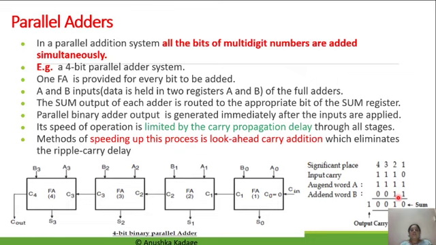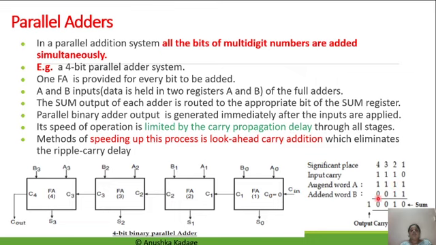In such a multi-digit number, all the bits will be added simultaneously when we are using parallel adders. To do the operation in the parallel adder, corresponding to every digit position, a separate full adder will be provided. So for the first bit, a separate full adder, for the second bit, a separate full adder, third bit, and for the fourth bit also, separate full adders will be given.